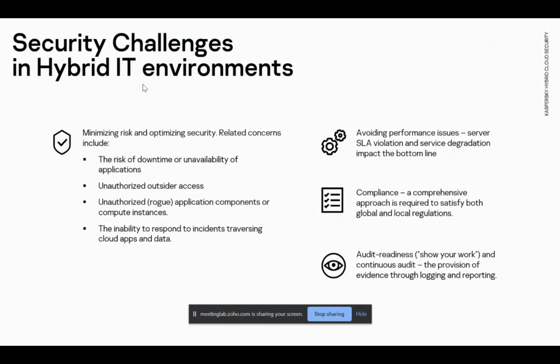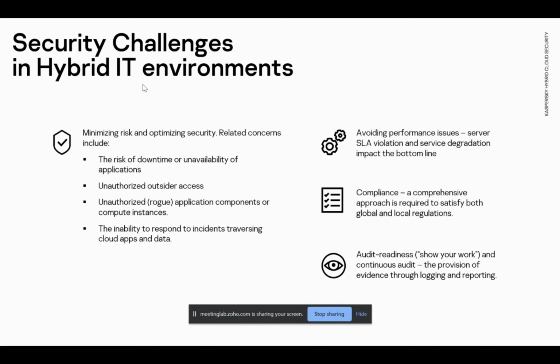Now, some of the risks of hybrid cloud environments are the risk of downtime or unavailability of applications. Then unauthorized outsider access, that is always a threat with cloud, the security part, not giving out unauthorized access to users. And we see a lot of times where the cloud account is hacked, and basically unauthorized application components or compute instances are being deployed.